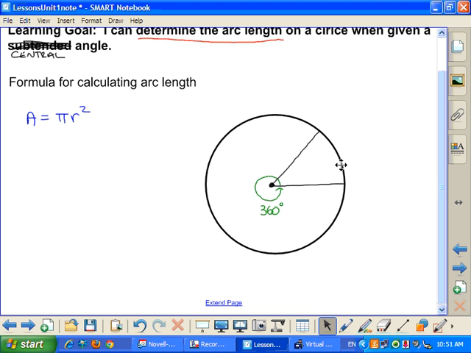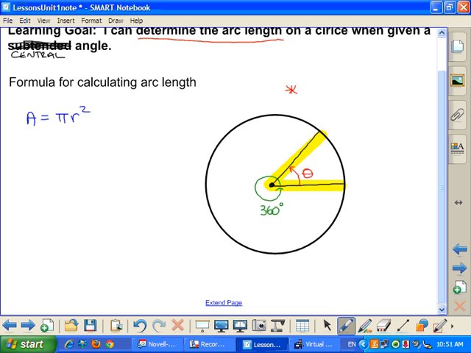Now, in order to get your pie piece there, we would have had to move this radius. We would have rotated it to this location. So we moved it some angle, all right? And theta is the variable that we let represent angles.